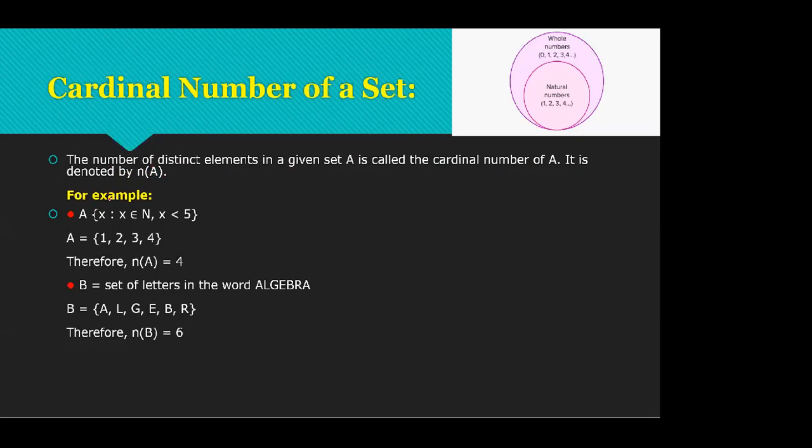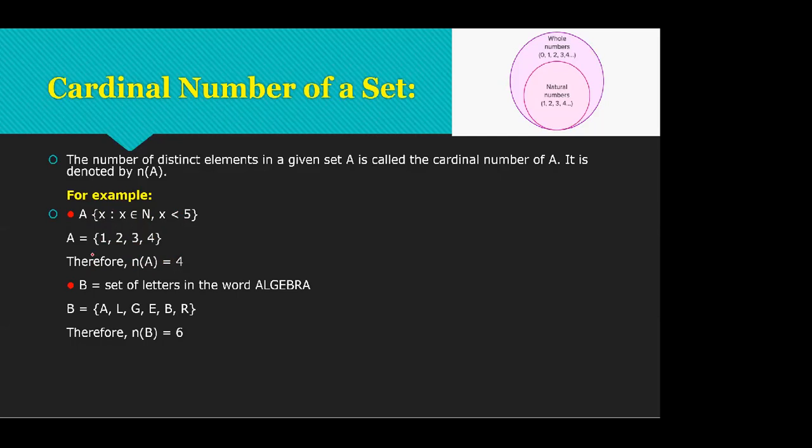For example, set A wherein x is an element of N and x is less than 5. Remember that this N is natural numbers. So how many elements are there in this set? It would be 1, 2, 3, 4. So the cardinal number of set A is 4. Gets?